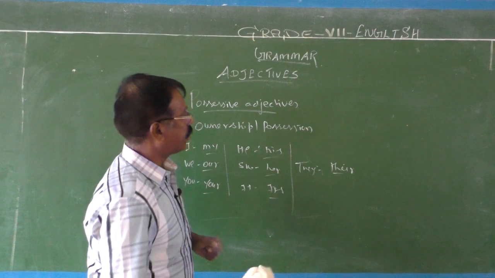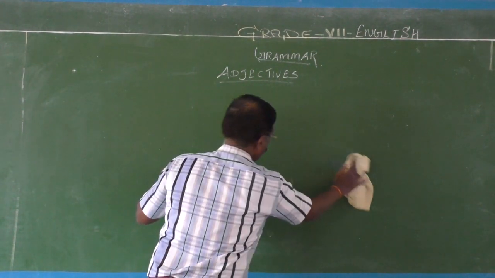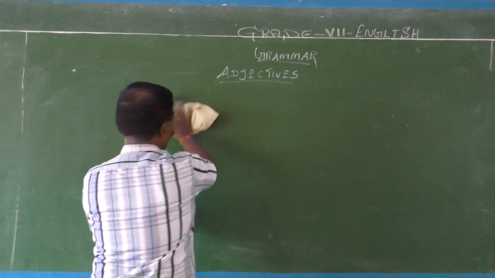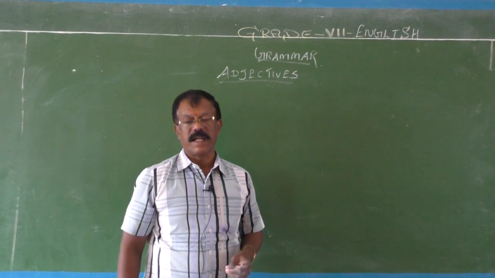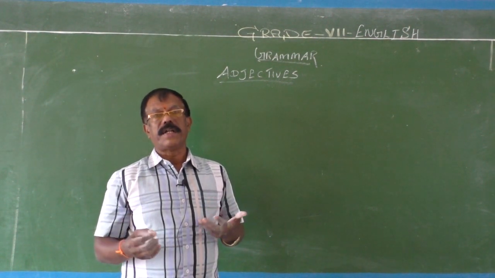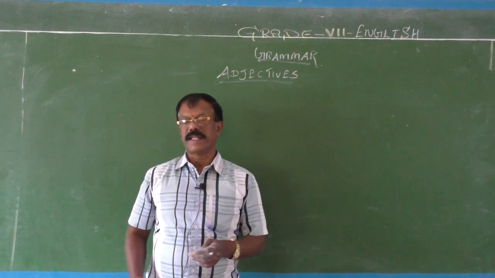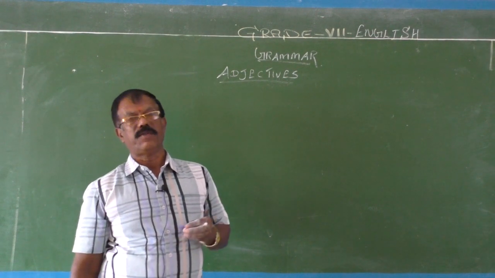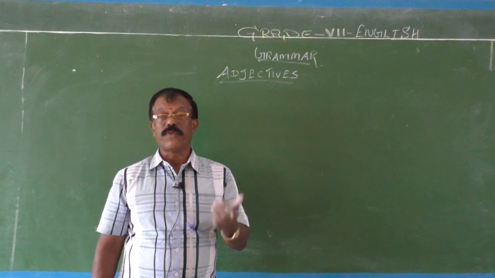Next, interrogative adjectives. What are interrogative adjectives? Adjectives that help us to form questions, to form interrogative sentences, are called interrogative adjectives. All interrogative words won't help us to frame interrogative sentences. There are some interrogative words which help us to frame questions.